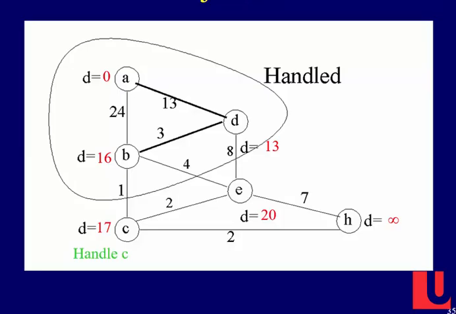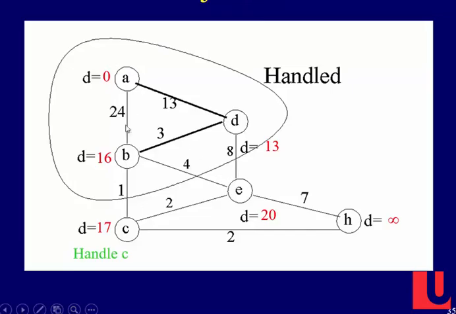D, I keep saying: if it's a handled node, D is the weight of the shortest path. If the node's not handled, then it's the shortest handled path, right? So in this example, this path, A, B, E, is of length 20, and it's handled.